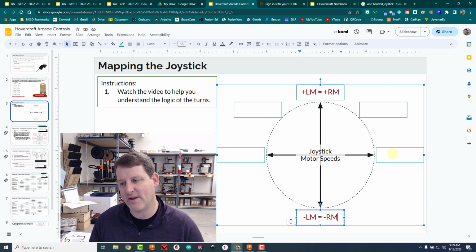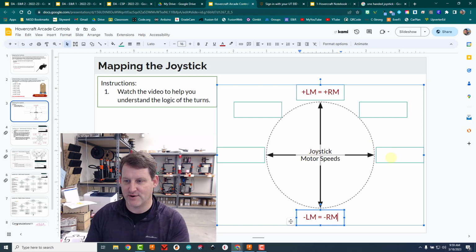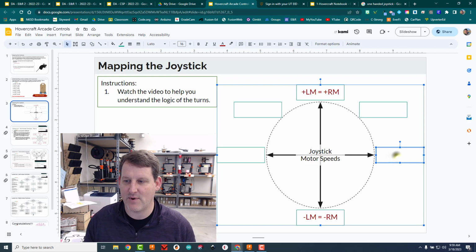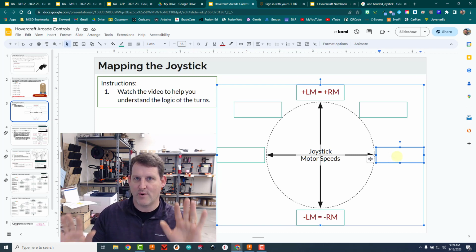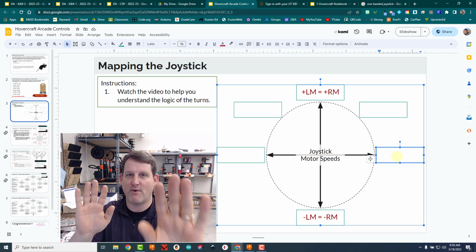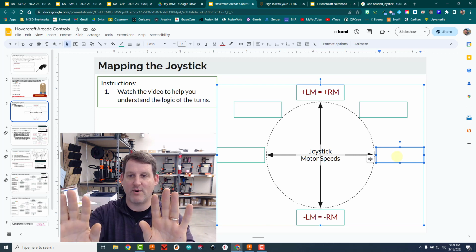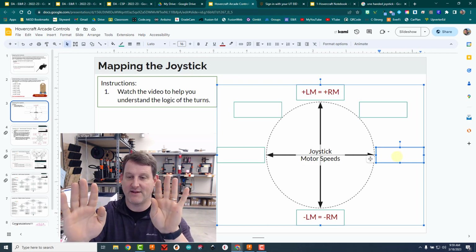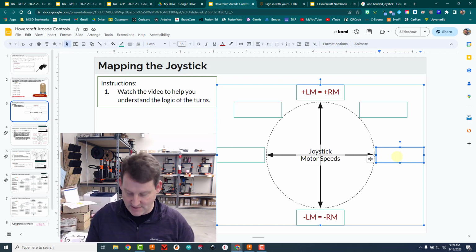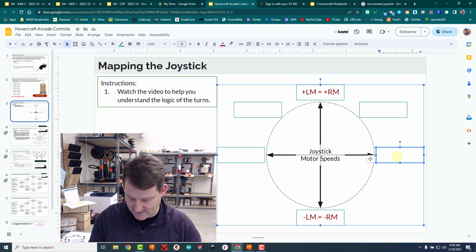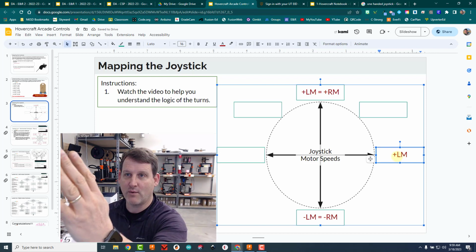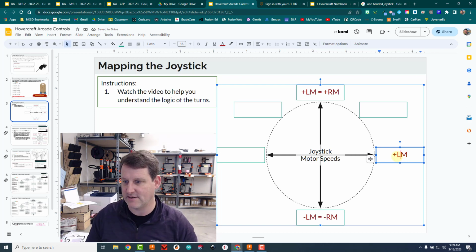All right, so what if we wanted to make a pivot turn? Well, in that case, if we wanted to pivot to the right, we're going to need our left motor to push us forward while our right motor pulls us backwards. And that's going to give us that pivoting action. So here we're going to say that the left motor is positive because that's going to push the left side forward and that's going to turn us right.